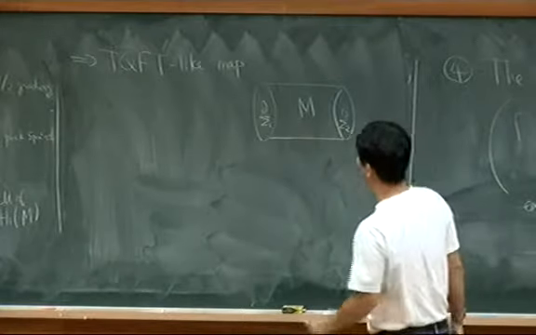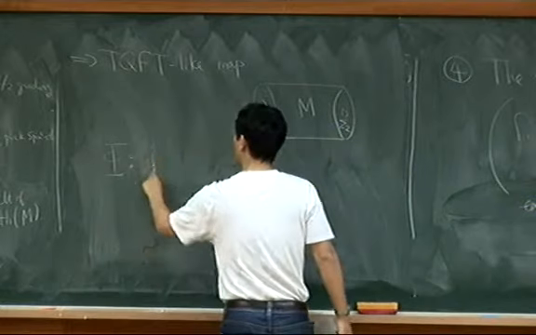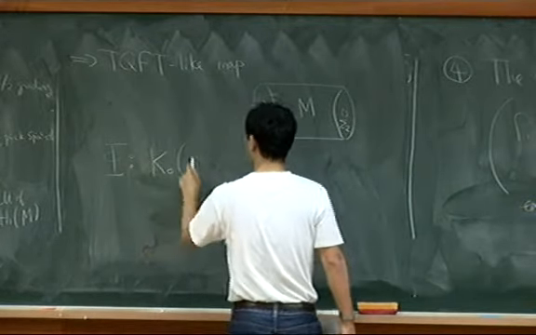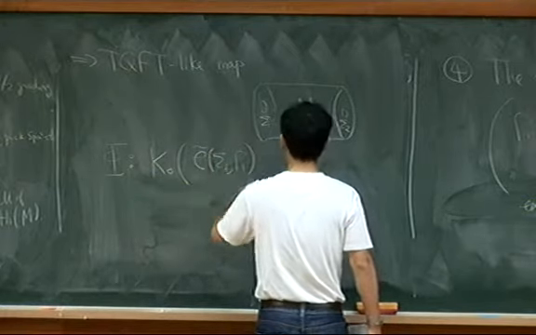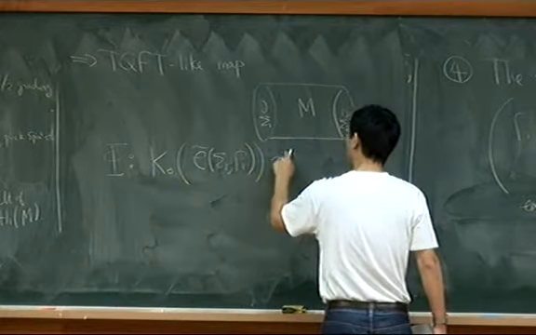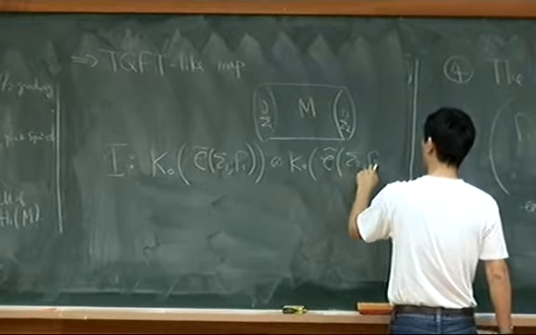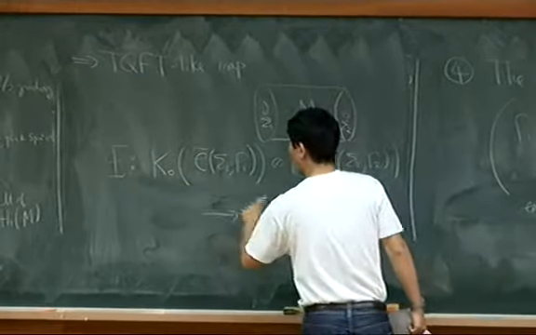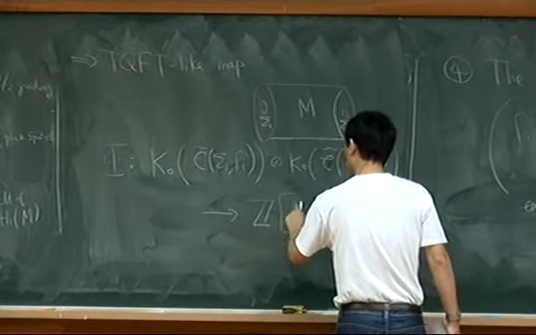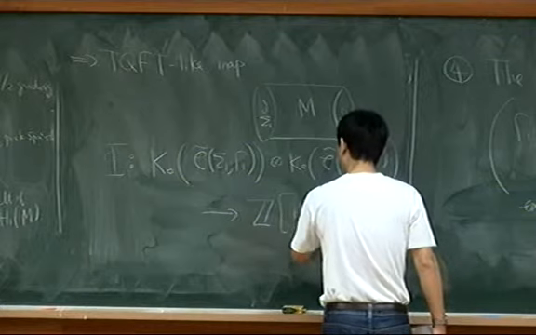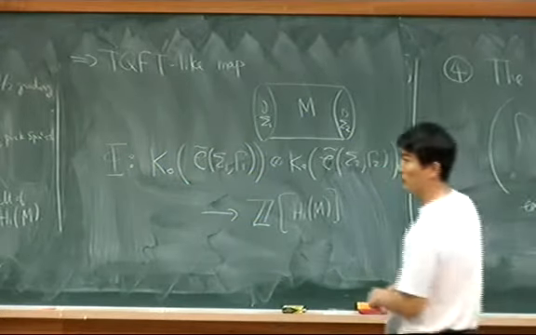Then it induces a map phi from K0 of C tilde of sigma 1 with some dividing set, tensored with K0 of C tilde of sigma 2 with some dividing set, to this coefficient ring, which is Z bracket H1 of M. So you have something that looks very much like a TQFT.